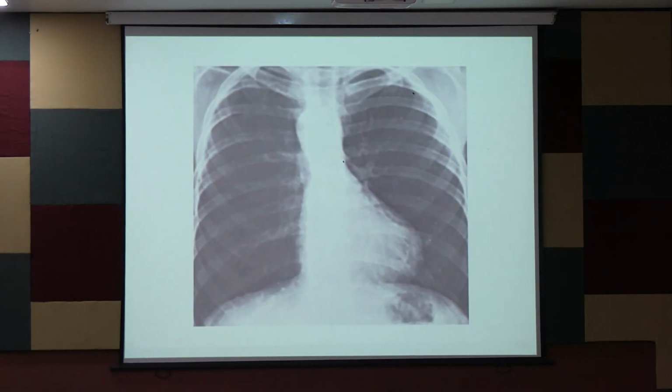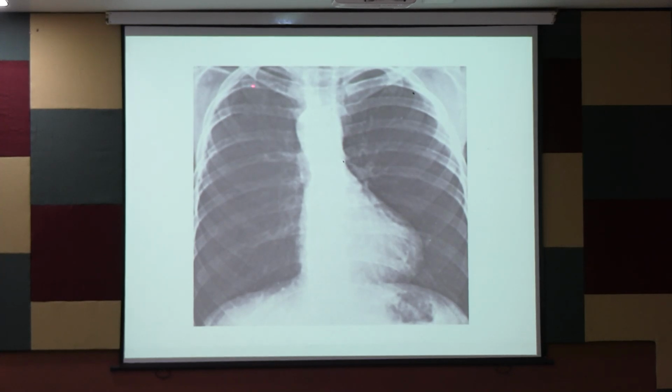Chest X-ray, ECG, echo, I have told you. This is the X-ray chest. You see, the lungs are not getting blood properly, so you see that there is clearing in the periphery. That is oligemia.